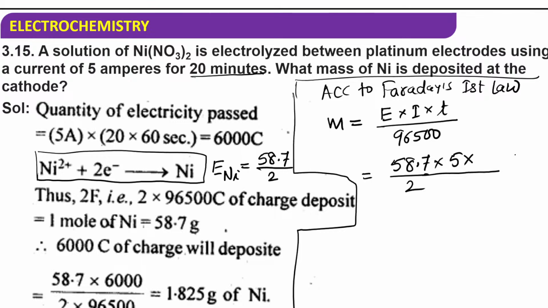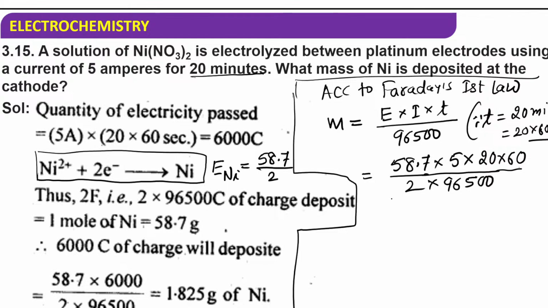So we write 20 into 60 into 96500. Time is 20 minutes, so 20 into 60 seconds. Just write it like this and you get the answer.